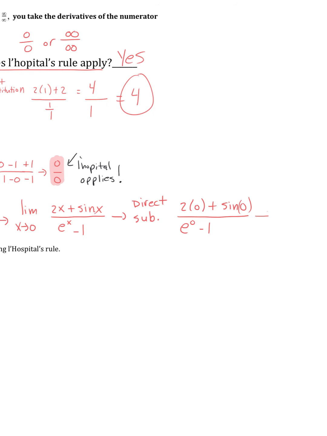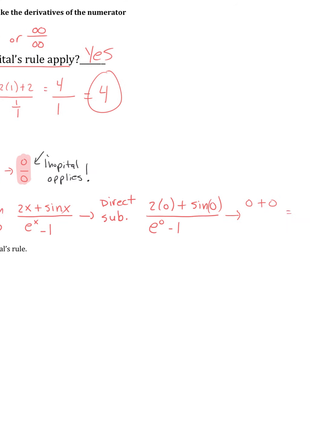Okay, now when I simplify that, on top, I get 2 times 0 gives us 0. And the sine of 0 is 0, so I get 0. On the bottom, e to the 0 is 1, and then you have minus 1, so we get 0 over 0.